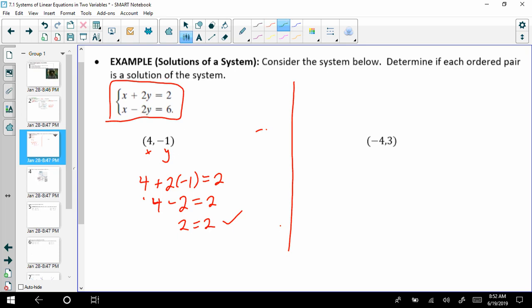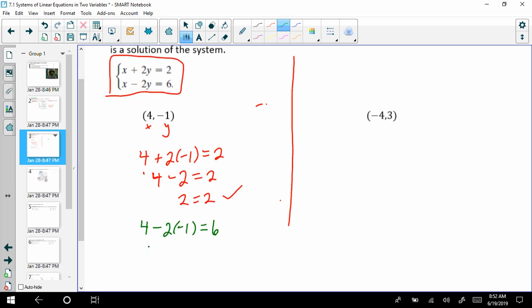Now let's plug it into the bottom equation. So that would become 4 plus 2. I would get 6 equals 6, check. Because the ordered pair works in both equations, we would say yes, it is a solution of the system.